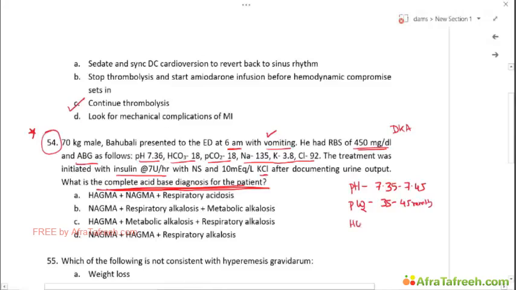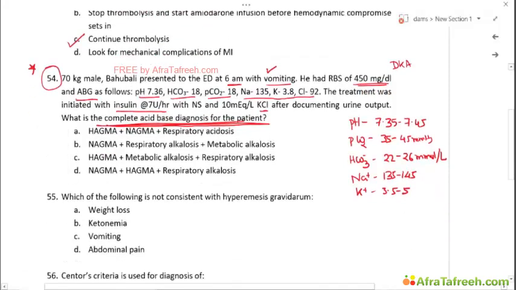For bicarbonate it is 22 to 26 millimole per liter. Okay. For sodium 135 to 145. For potassium it is 3.5 to 5, or some say it is to be 5.5 as well.